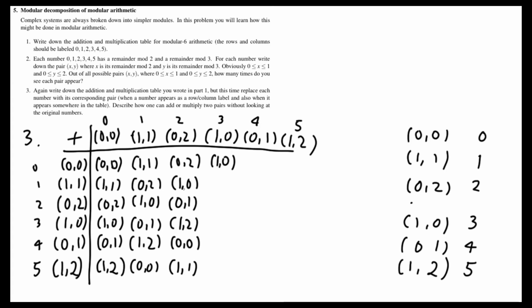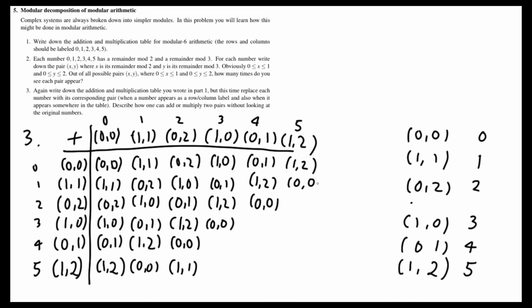And again, we can see this diagonal pattern forming, so we can just fill in the 0, 1, which is, all of the 4s are along this diagonal. 1, 2, which are the 5s, are along this diagonal. 0, 0, which are the 0s, fit in here. 1, 1, which are the 1s, fit in here.